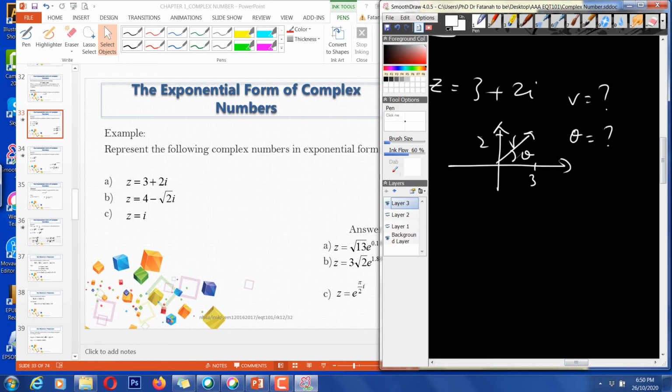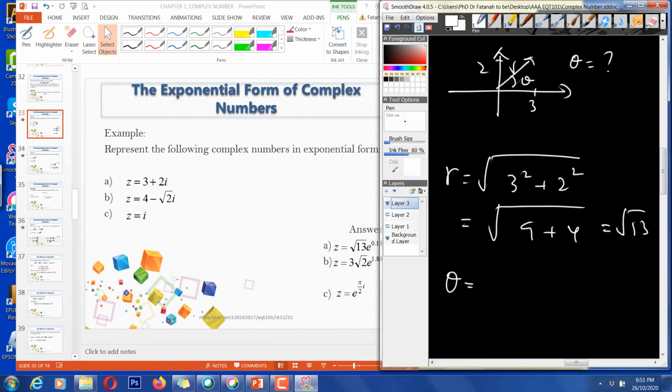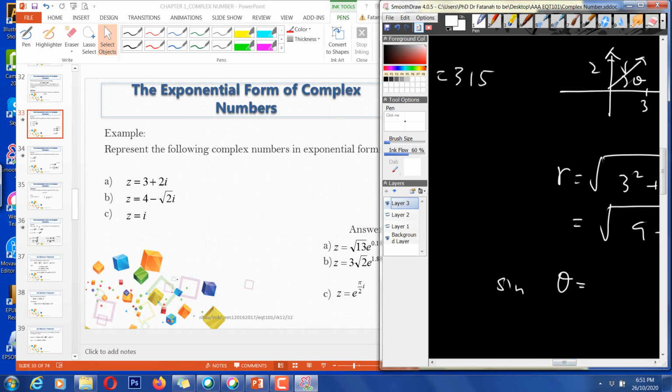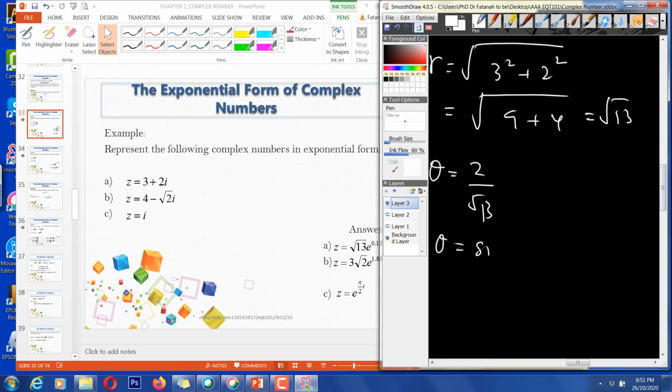So r is the square root of 3 squared plus 2 squared. So we get 9 plus 4, we get 13, square root 13, right? So here we get square root 13. What is theta? We have sin theta equals 2 over r, which is square root 13. So theta equals sin inverse of 2 over square root 13. So what do we get as theta?